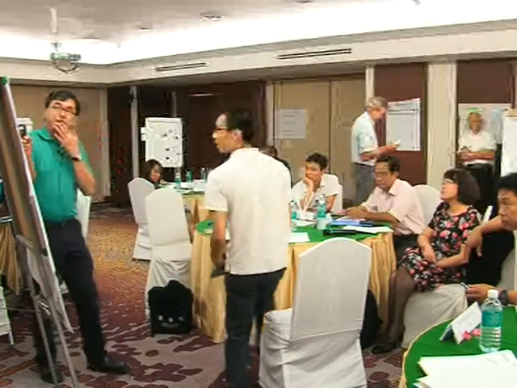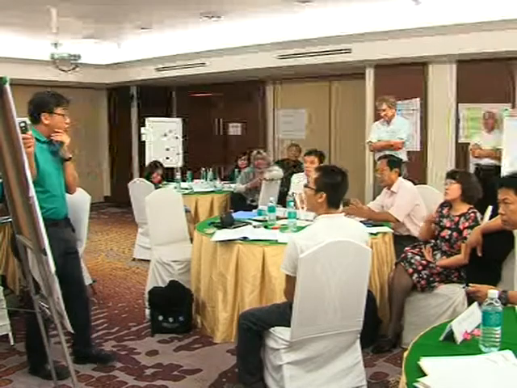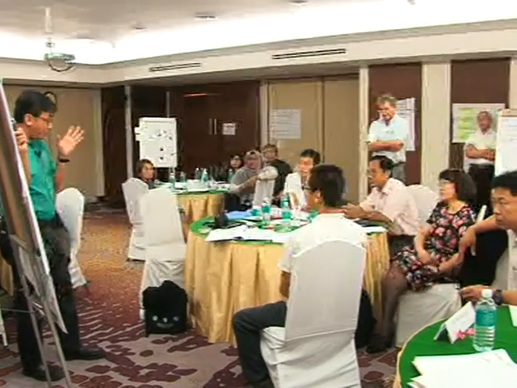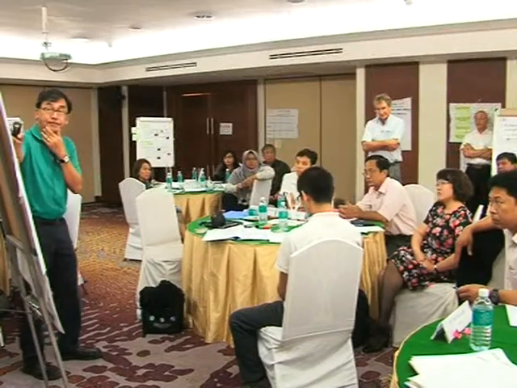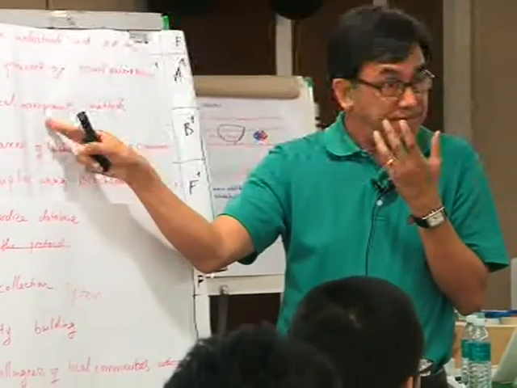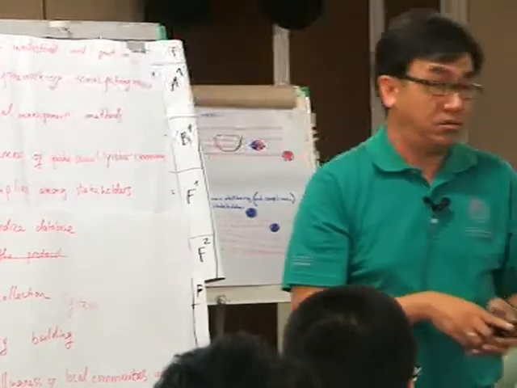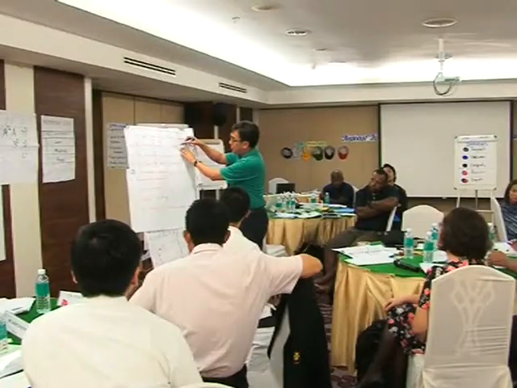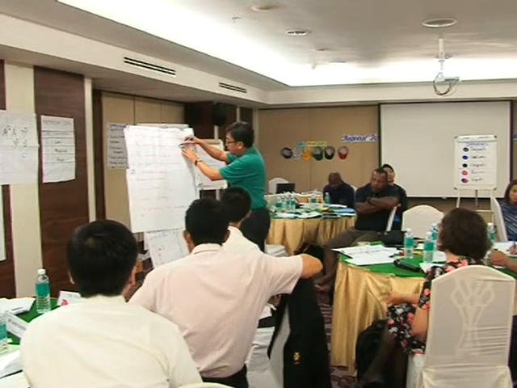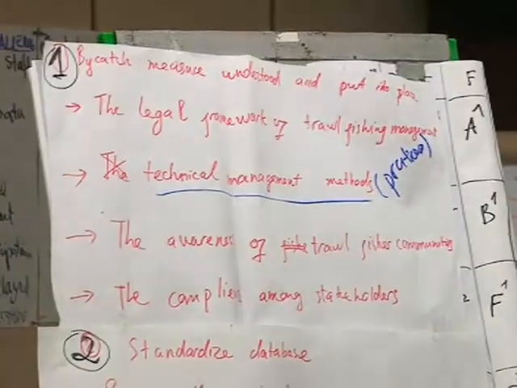Okay, so legal framework, technical management method. So this is the SOP, operational procedure, for example, or administrative procedure, to manage and to recommend the measures. So you mean when they are using it already, so applied already. So this is the result.